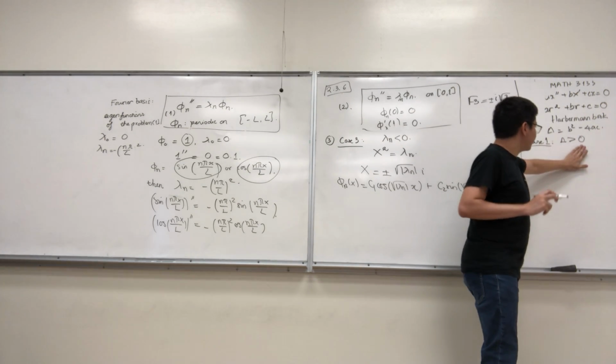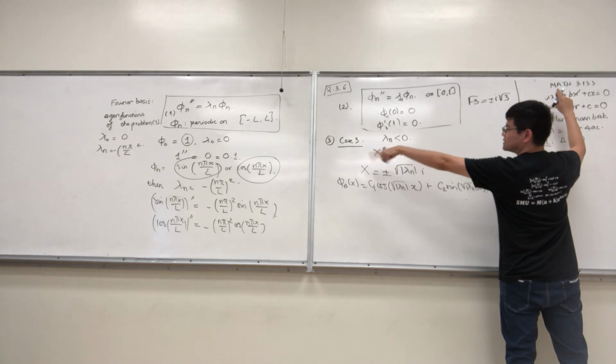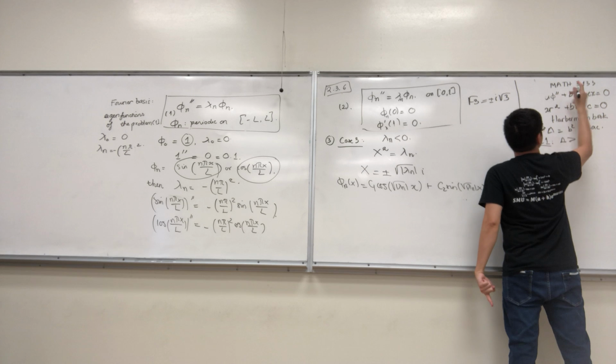So when delta is greater than 0, you have two roots. Because here x is the variable, let me call this phi.